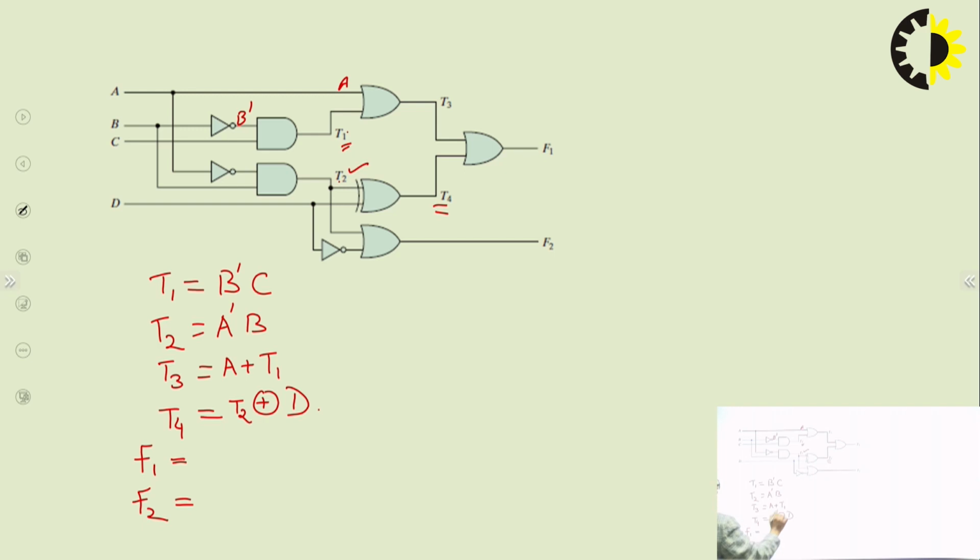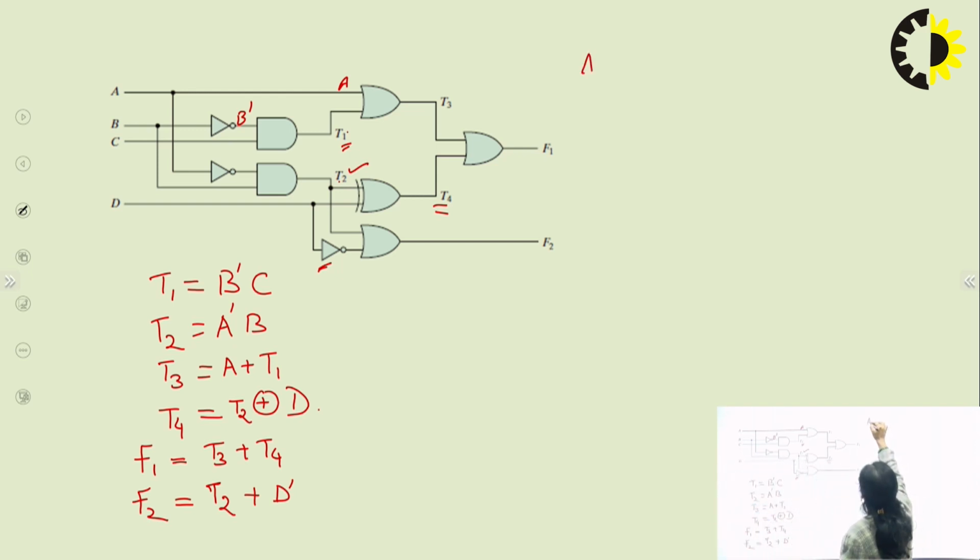F1 is nothing but T3 ORing with T4, and F2 is T2 ORing with D dash. So we write the expression for these four outcomes and we will draw the truth table.